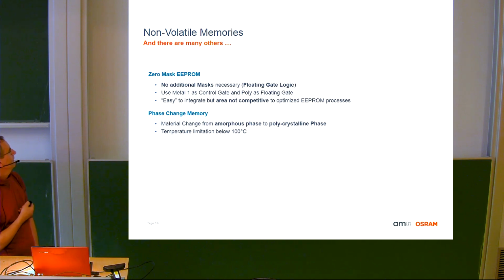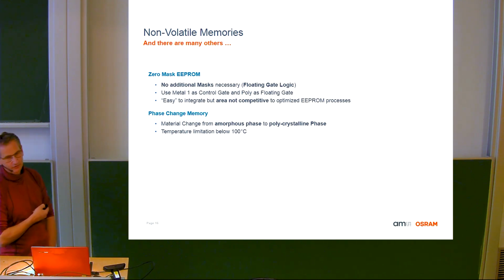And then there are nice things like phase change memories. So you change really physical elements, like from amorphous phase to polycrystalline phase. This is something which needs special material. You need something which can change this. You have to apply a certain voltage to change this. Disadvantage of such a system is always temperature.